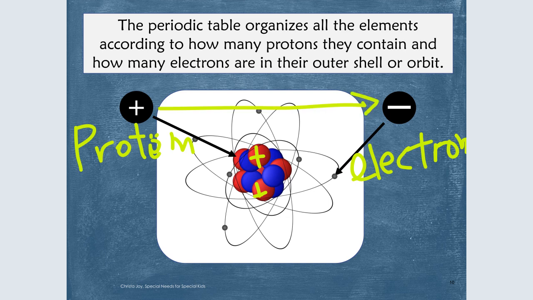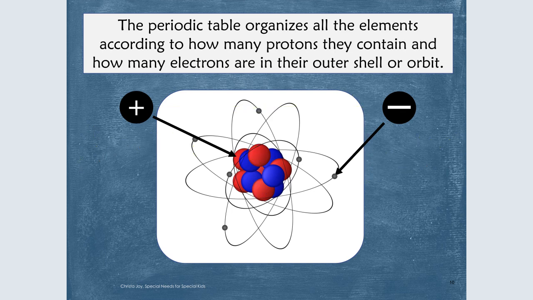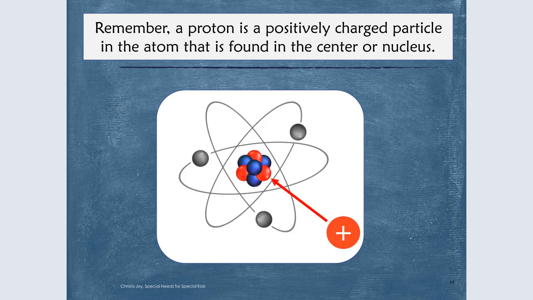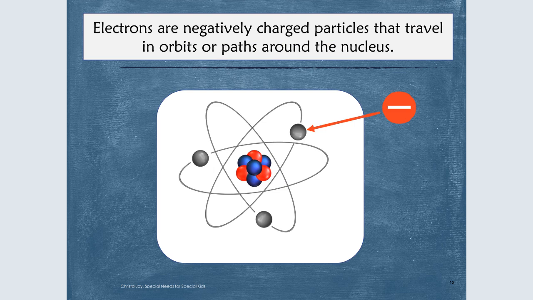So they want to pull each other together. Remember, the proton is positively charged. Oh, they're using the red ones. Oh, that's good. It's in the nucleus. Proton is positively charged. It's found in the nucleus. Electrons are negatively charged particles that travel in orbits. So they're not in the nucleus, outside. They're whizzing around.